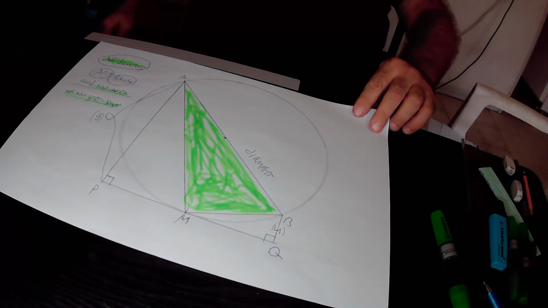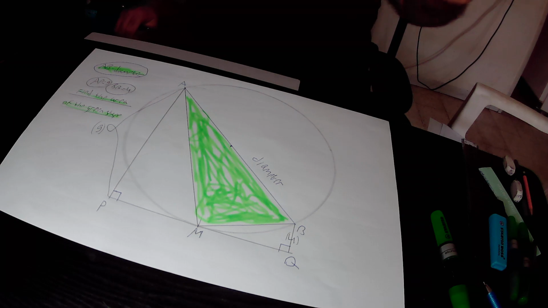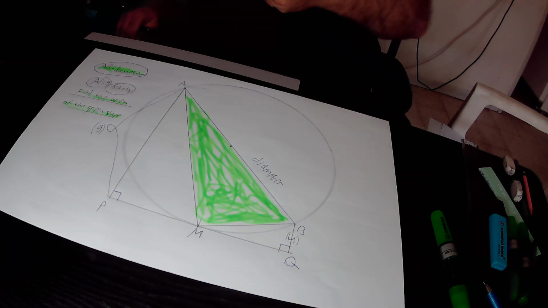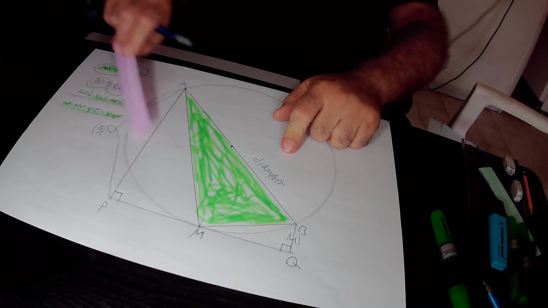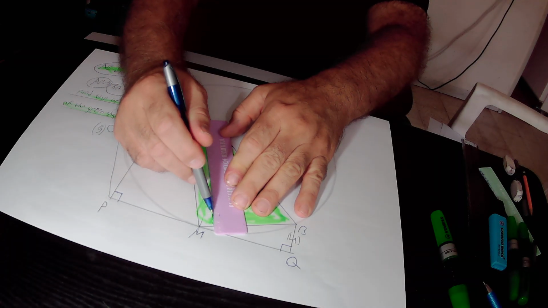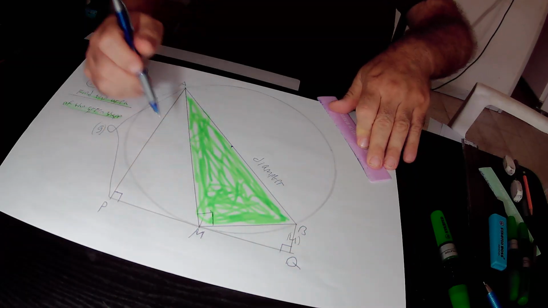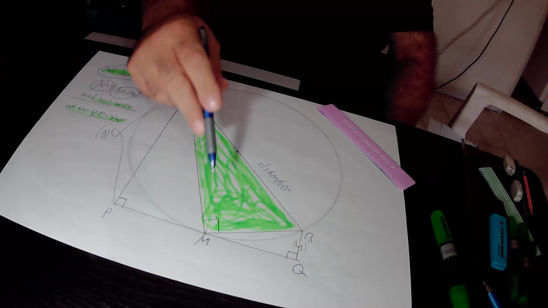Why? Because in our drawing, peripheral angle AMB subtends the diameter of the circle, chord AB, and therefore according to rule 7, it is equal to 90 degrees. In the next step, we will define angle PAM. This angle is alpha.